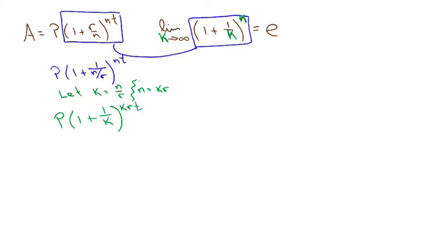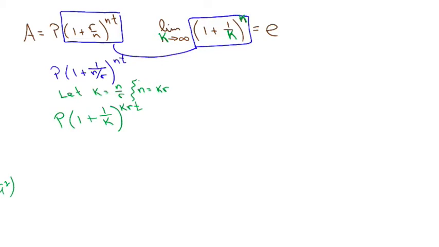Getting closer. So here's your 1 plus 1 over k, raised to the k, what's kind of in the way? RT. So we go back to basic algebra. If I have a raised to the xy, I can write that a different way, right?